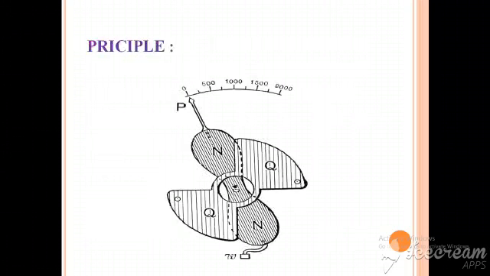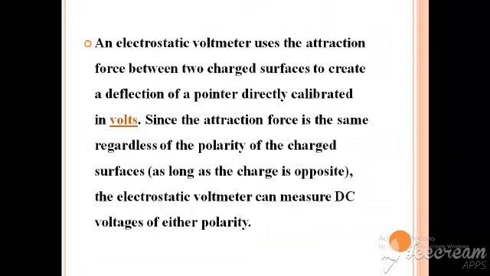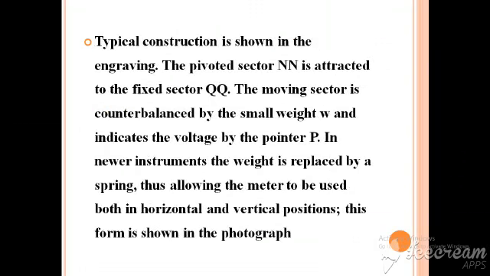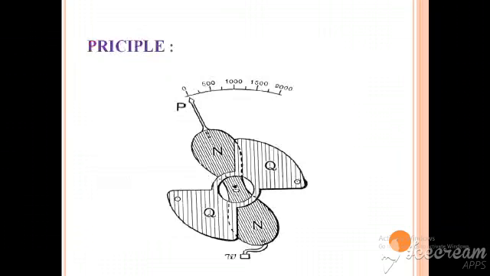So here Nn is the pivoted sector and Qq is the fixed sector. The moving sector is counterbalanced by the small weight W and indicates the voltage by the pointer P. So it has a small weight down here, W, and the pointer P indicates the voltage.